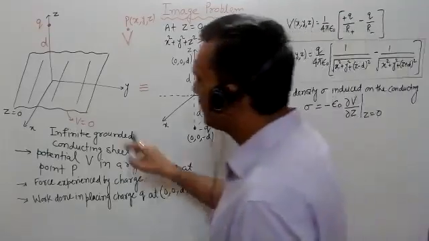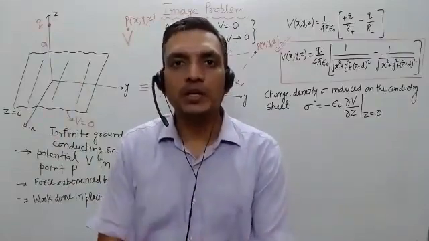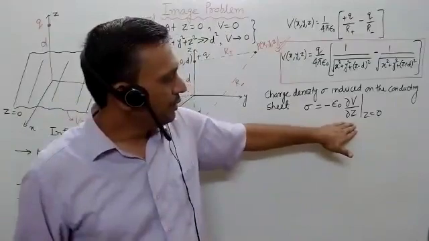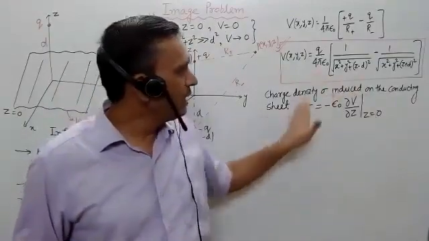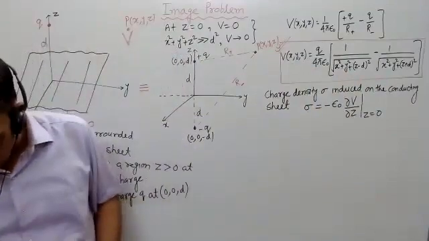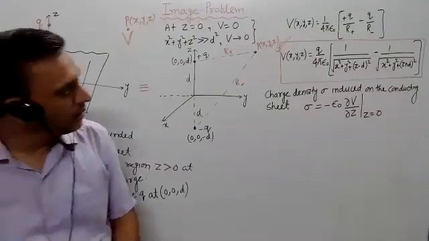In this case, because the sheet is in the xy plane, the normal derivative is with respect to z and the interface is at z is equal to 0. So you will get surface charge density induced on the conducting sheet. So let us calculate this. What will be charge density induced on the conducting sheet?